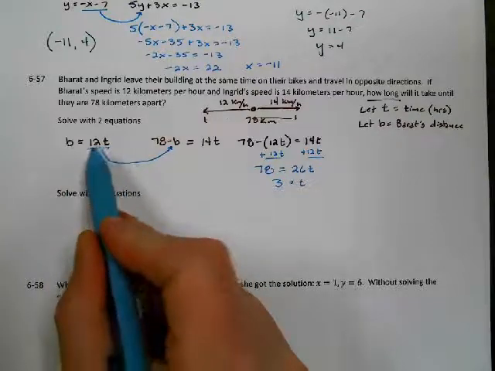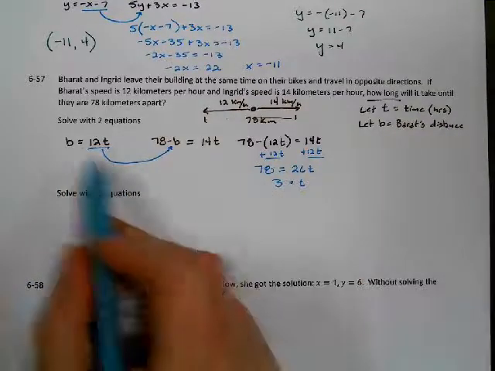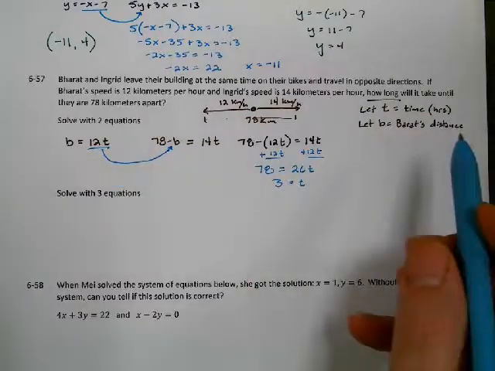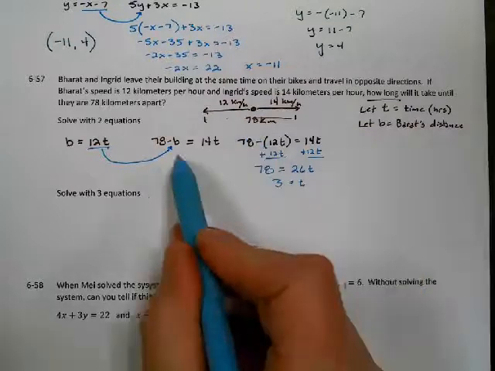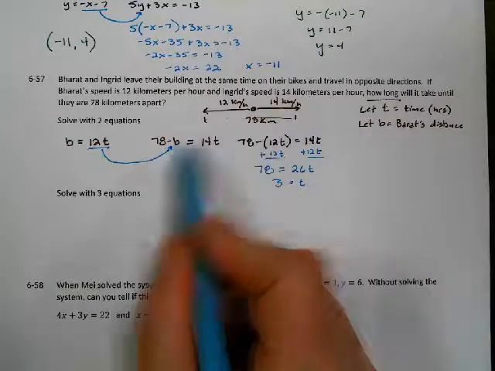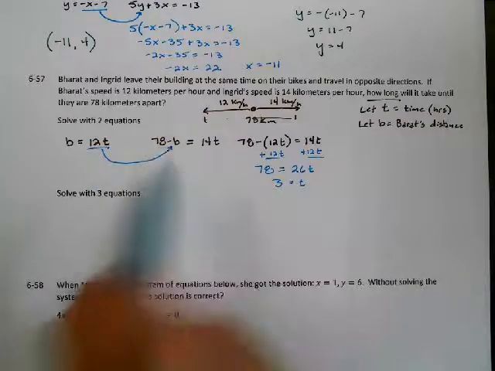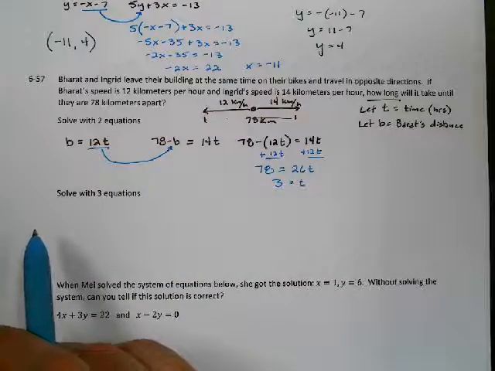So he went a total of 36 kilometers. And in order to find Ingrid, all we would have to do is say, okay, Ingrid is 78 minus Bharat, which was 36. So 78 minus 36 looks like, what, 42? Yeah.